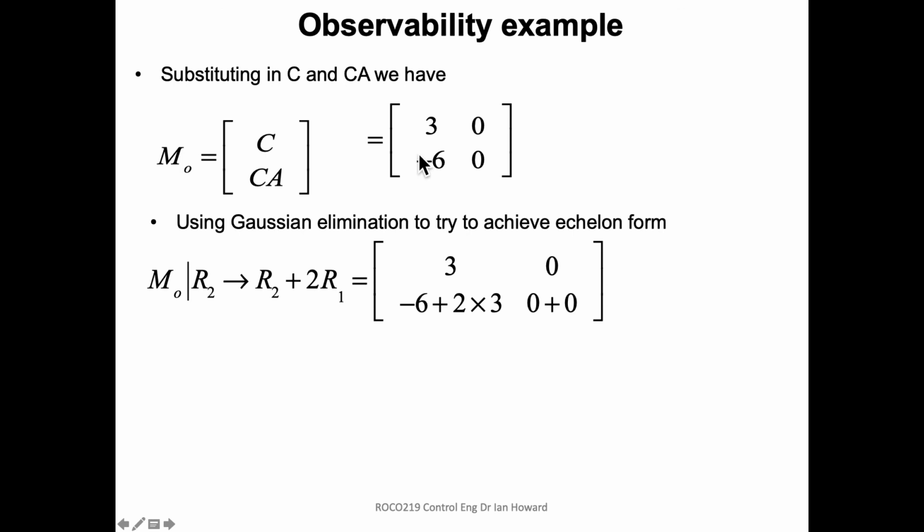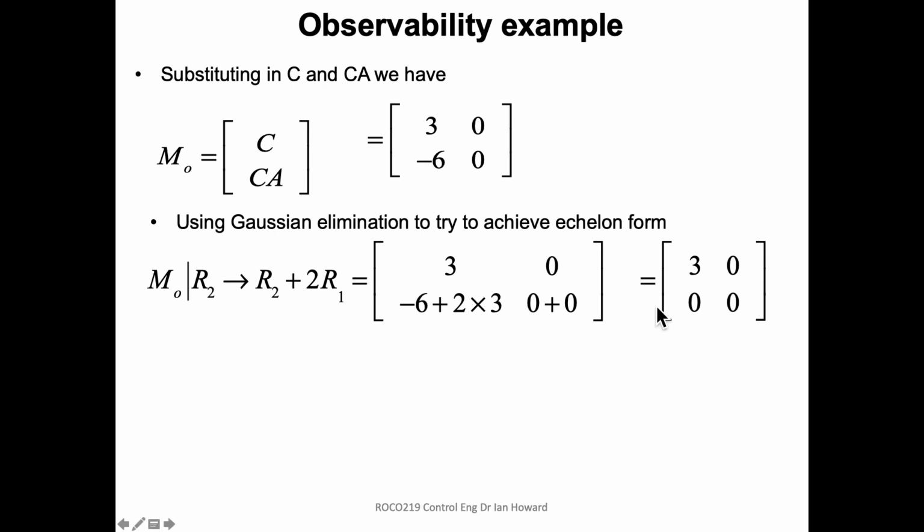We can say row 2 goes to row 2 plus 2 lots of row 1. So we multiply the top one by 2. It's going to be minus 6 plus 6, and that's going to go to 0. Then 2 lots of 0 plus 0 is still 0. So we end up with a matrix which looks like this: 3, 0, 0, 0.